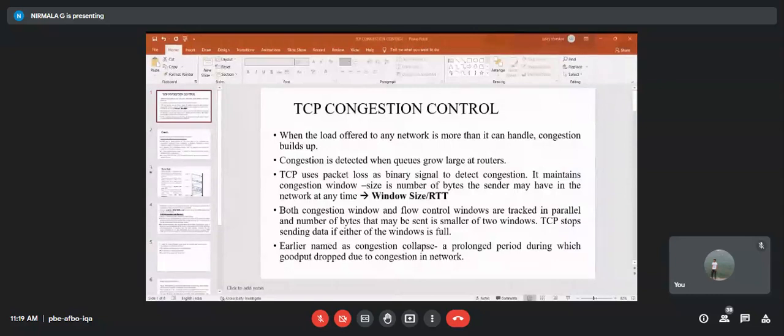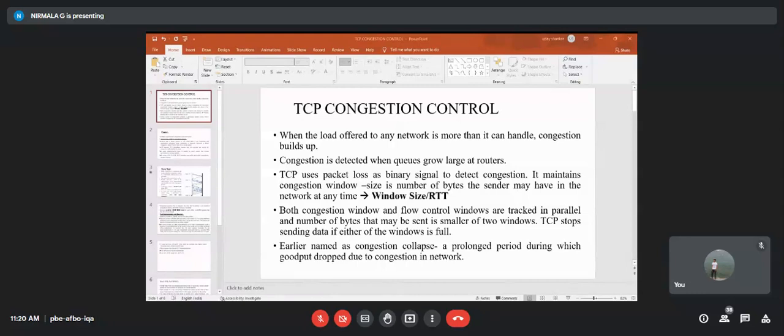Whenever there is congestion in the network, it definitely reduces the throughput of the network. Goodput represents the throughput of the network. So congestion collapse is a period where the throughput of the network is dropped. TCP considers these two parameters in order to check for congestion.